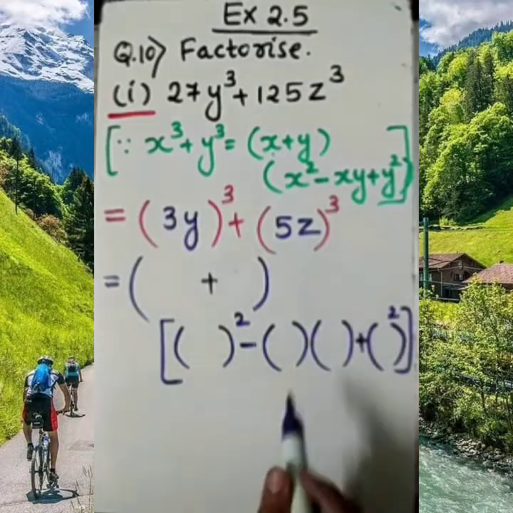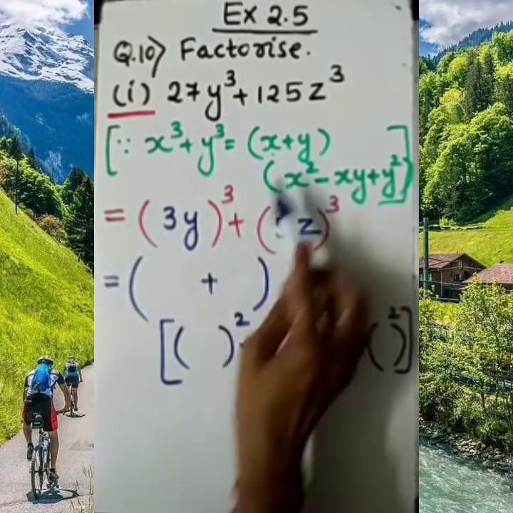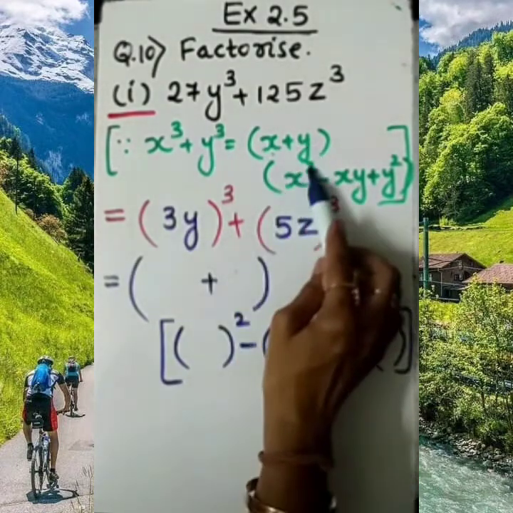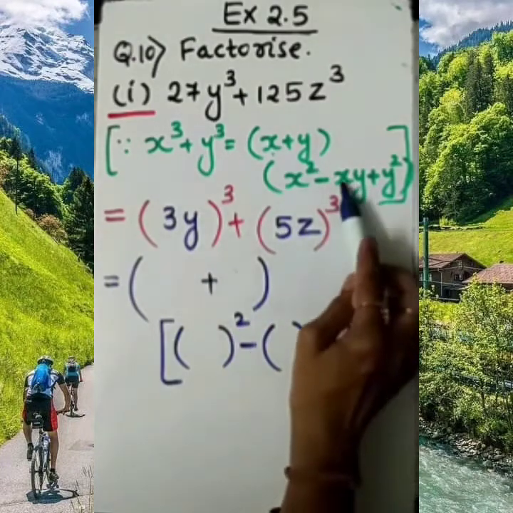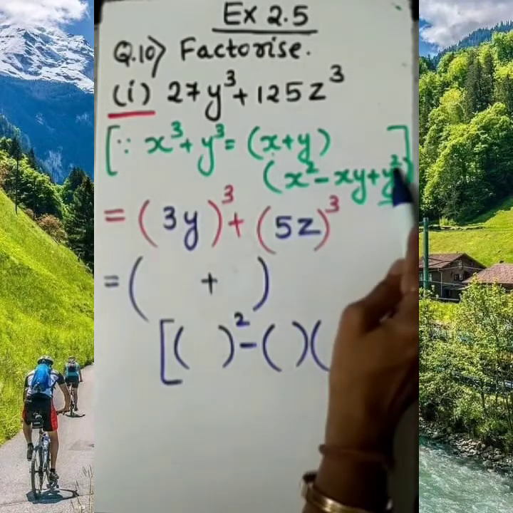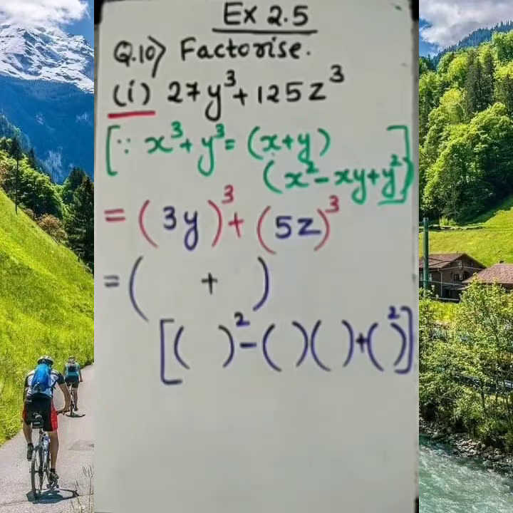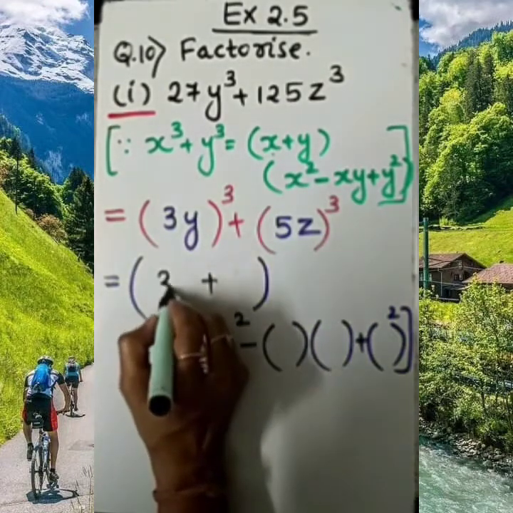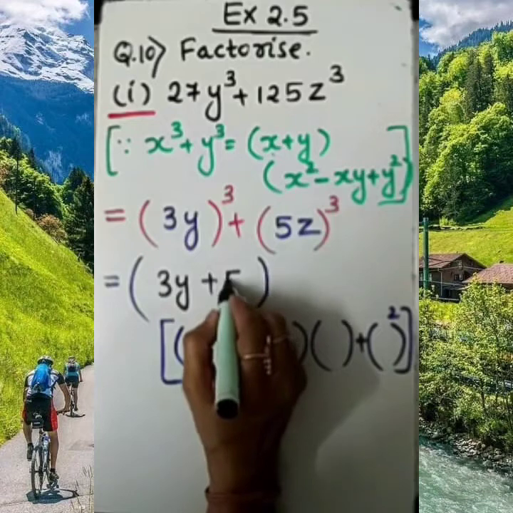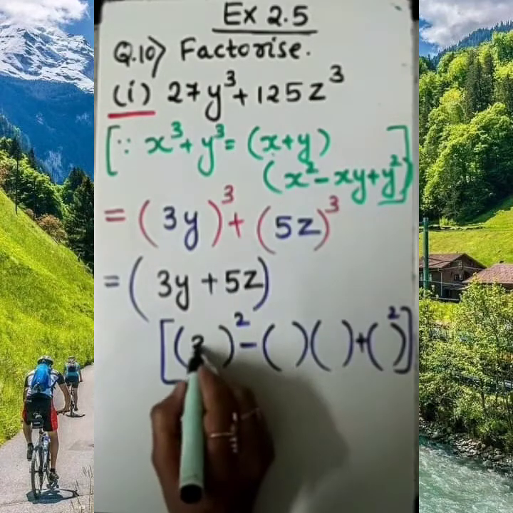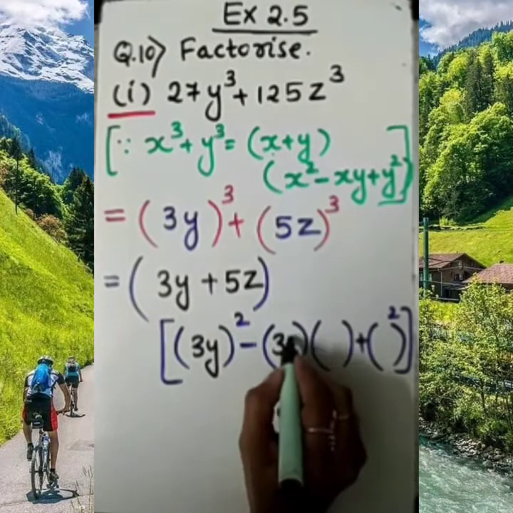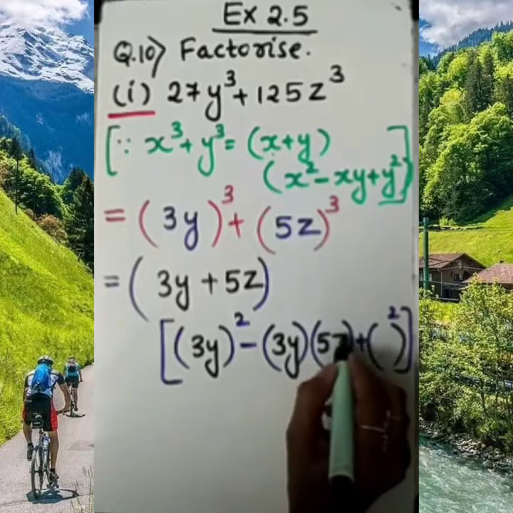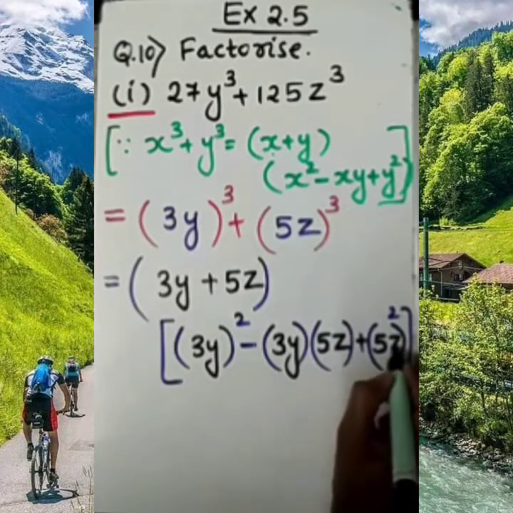As we know, x means the first term, and the first term here is 3y. I am writing 3y here. The second term is 5z. First term 3y, second term 5z, here also 5z.